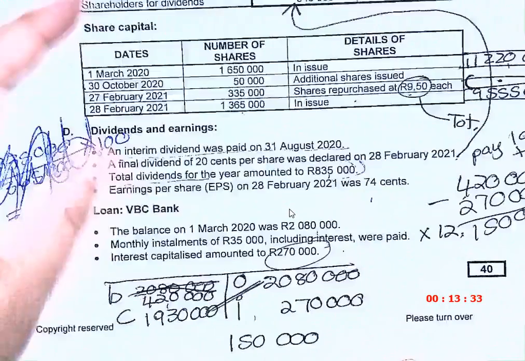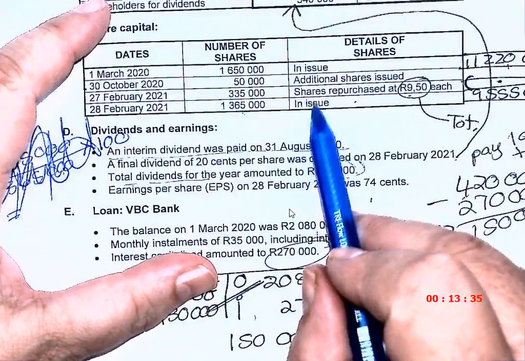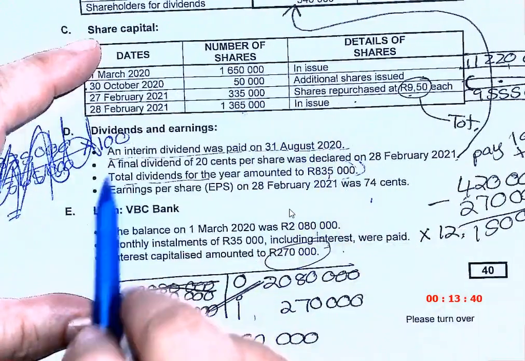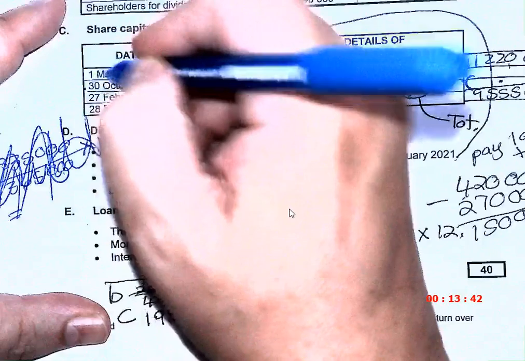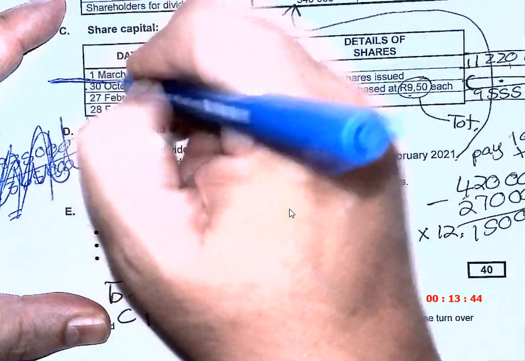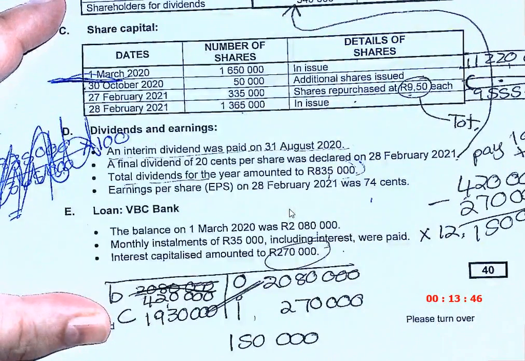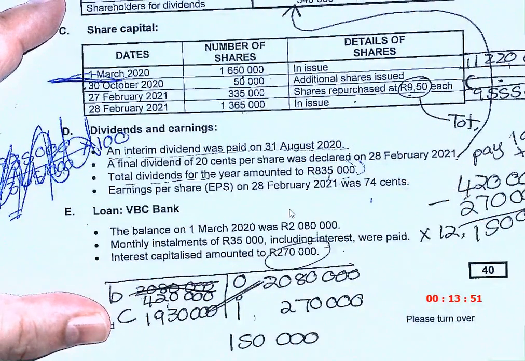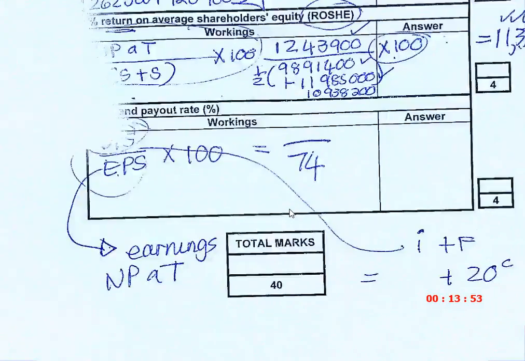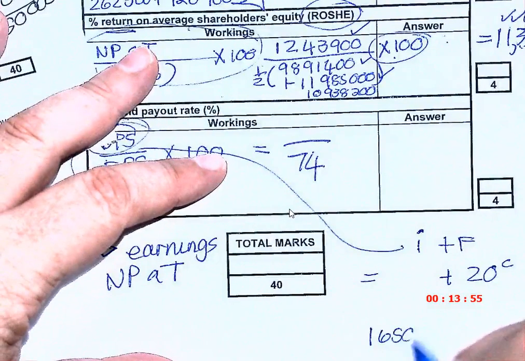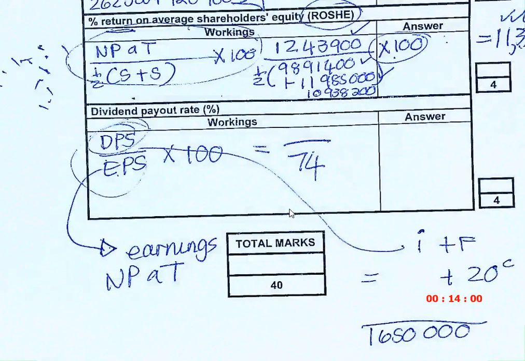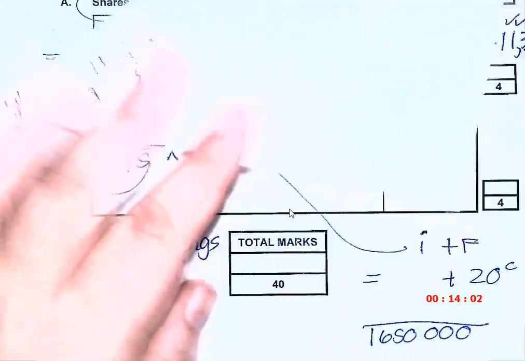So let's quickly go back. So if I look here, when was the interim declared? 31st August. Can you see it's there? Okay? Meaning how many shares were in issue then? 1650. So if I divide 1650, right? And now what was the interim? Remember, we calculated the interim here as what?